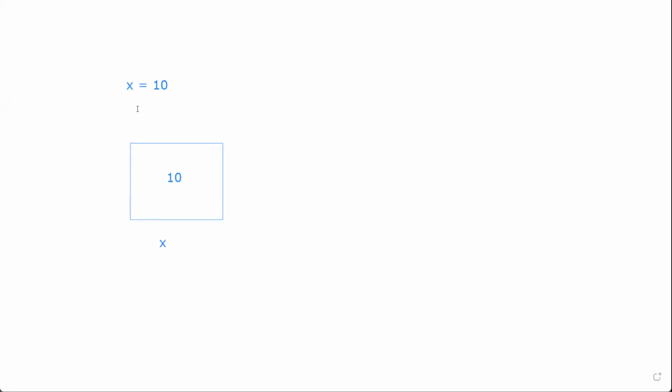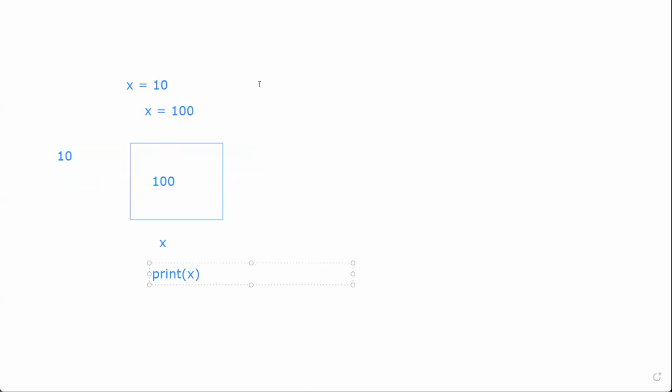If I make x equal to 100, what will happen? This 10 will be moving out and it will be replaced with 100. And if you want to print the updated value of x, you simply write print x. So 100 will be printed.